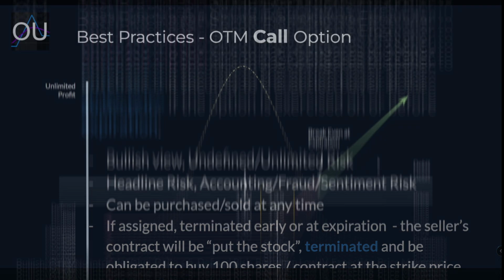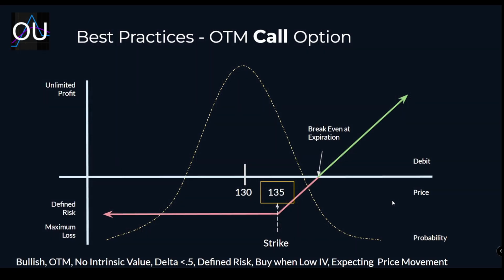So let's look at a graph. You've seen this before, but what I try to do in my option series is give you a little bit more value here. What I'm showing is your classic graph of XYZ Corp. It doesn't matter what company you're looking at. This is a call option. The strike price is 135.